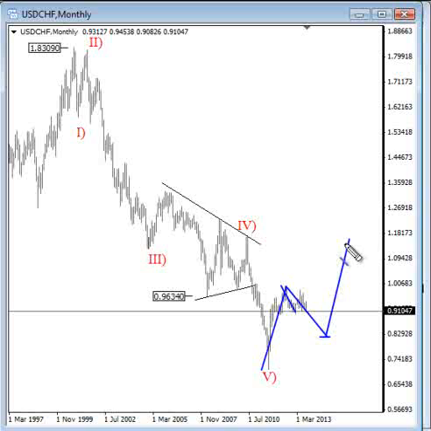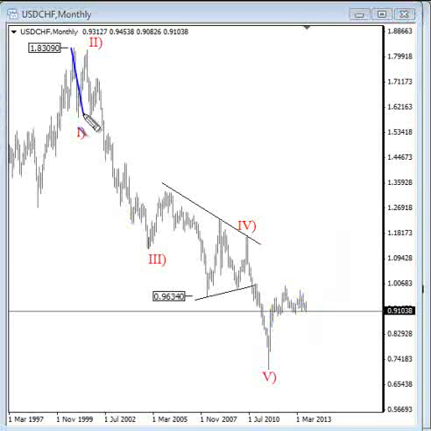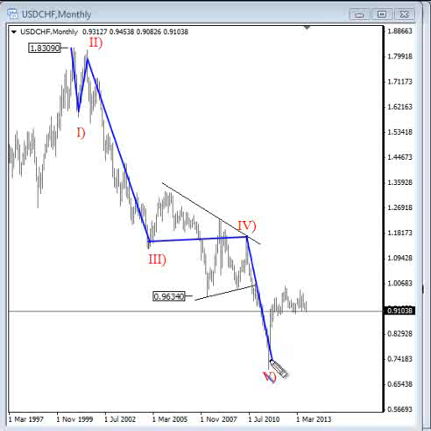Now the very important point is also that when 5 wave move will complete the larger sequence, okay, like here, then an opposite reaction, which means correction, will send prices back towards the termination of a previous 4th wave, which in our case is here.